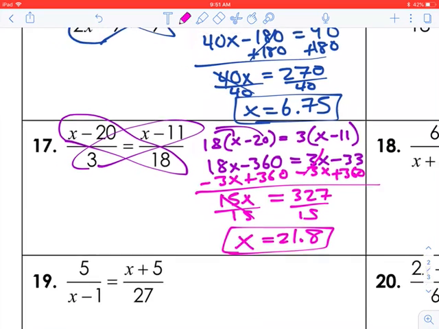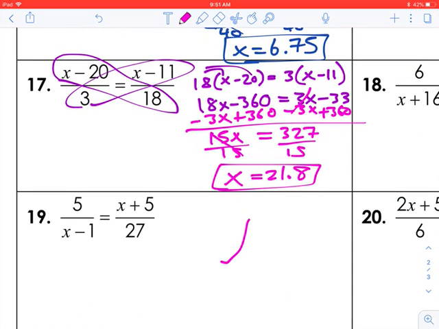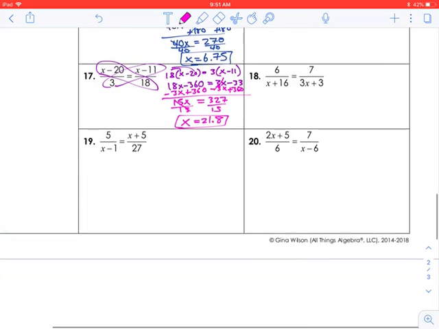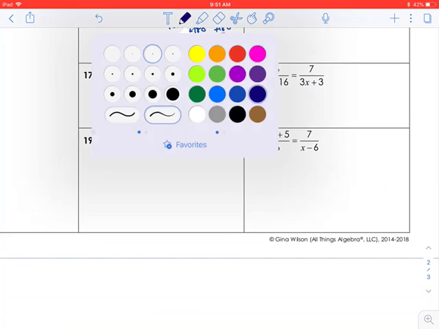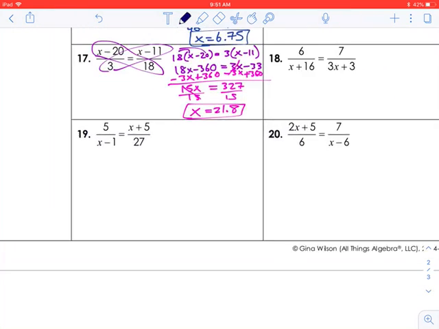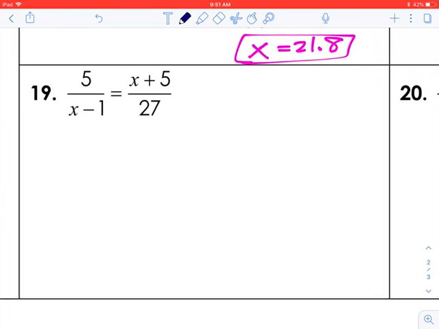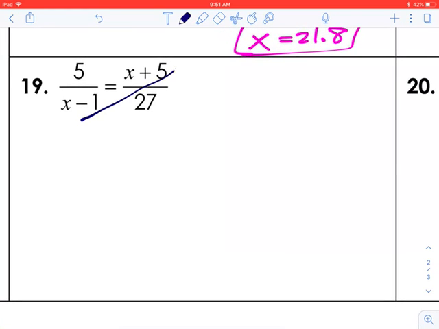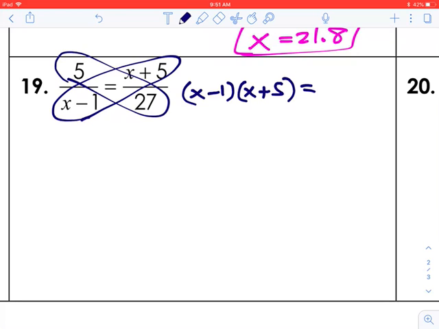Okay, so our last couple examples here are kind of tough because this goes back to last year, which had to do with being able to factor. When you multiply this times this, I get (x minus 1) times (x plus 5) equals 5 times 27, which is 135.